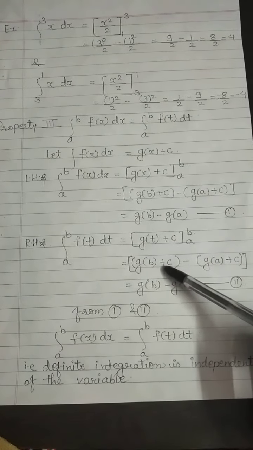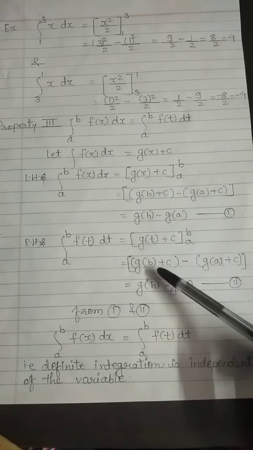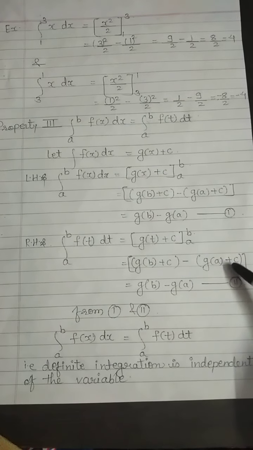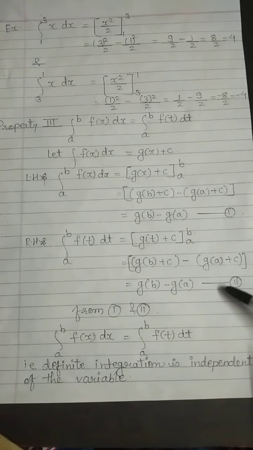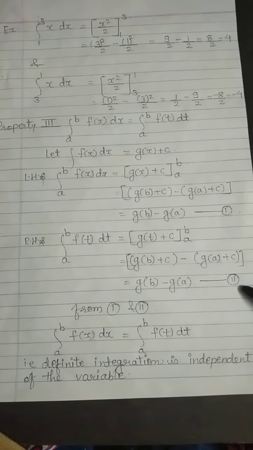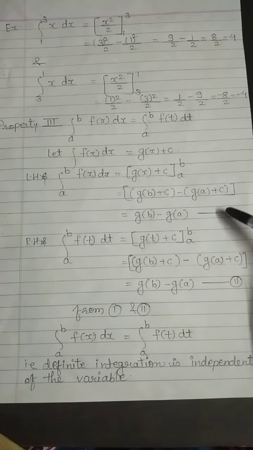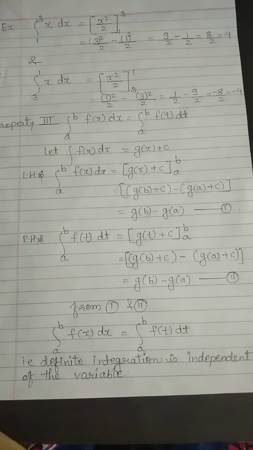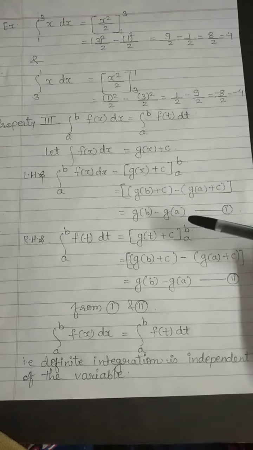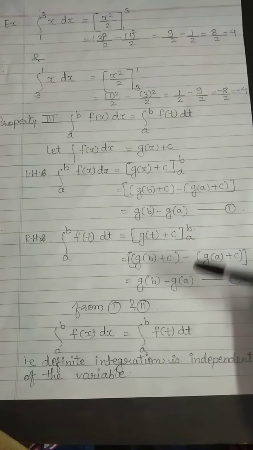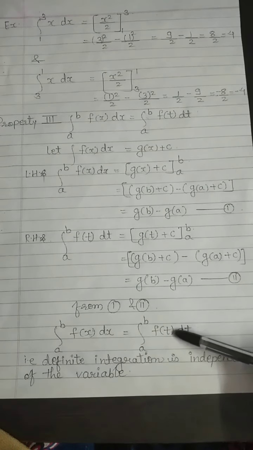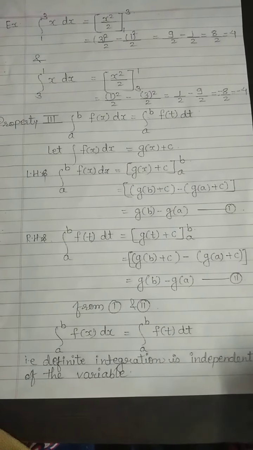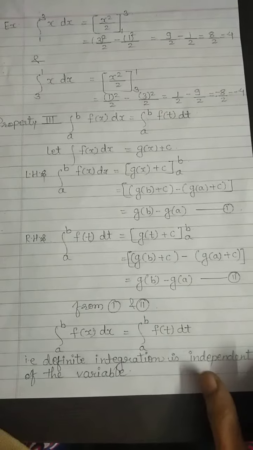Now applying upper limit minus lower limit, we will get this term, and after simplification we will get g of b minus g of a. This is nothing but equation number 2. So from equation 1 and 2, it is very clear that the definite integration is independent of the variable. That means if we replace x by t, then also the value of the integral remains same.